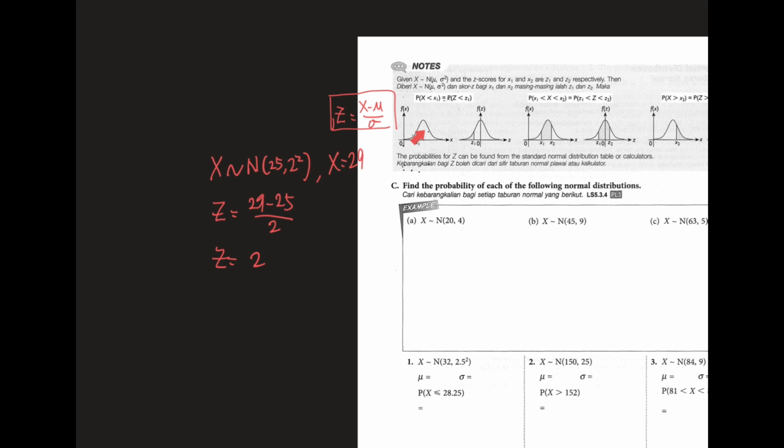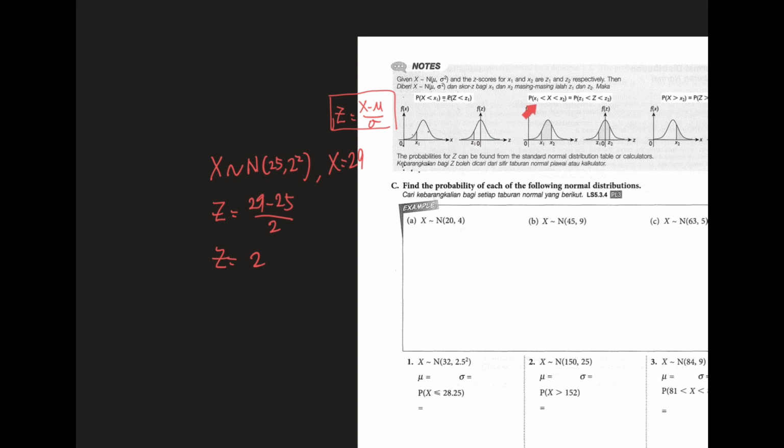Too many types of graph, so they only work out the area of the standard graph in a table. So you see a table which is full of values, which represent area under the graph of this z graph. Okay, so that means the main idea is, you want to find probability, you change it to z, and then you use a table to check the area under the graph, then you will get the probability.